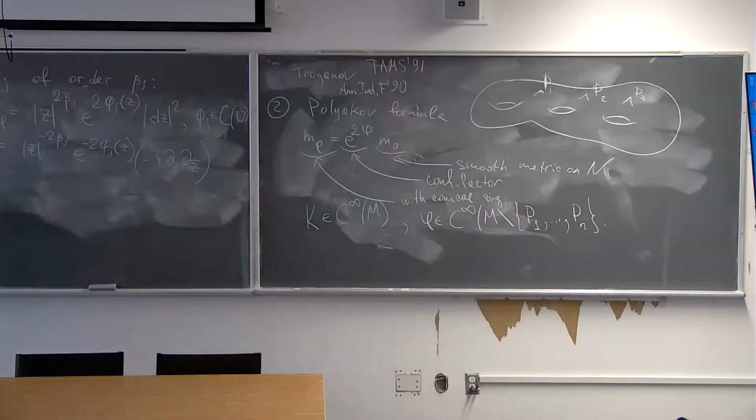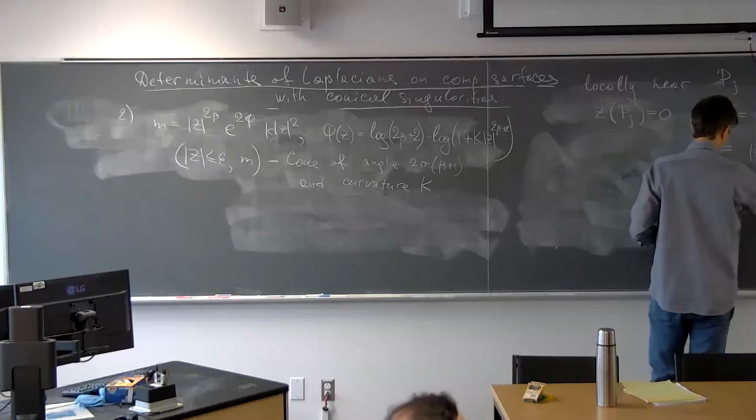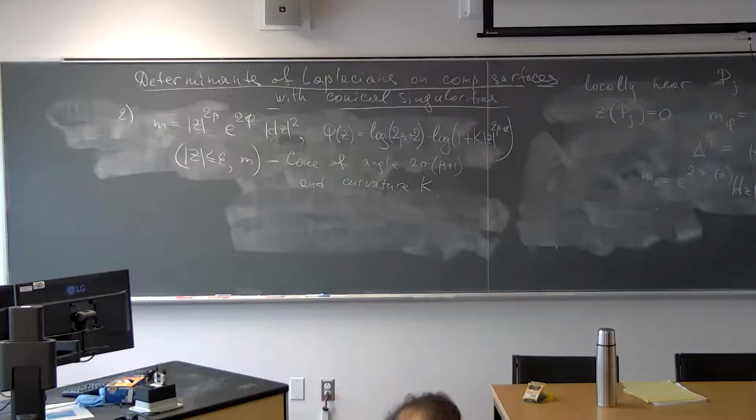We can write similar equalities for the smooth metric, except this factor won't appear there. Say phi_j of z is |z|^2. Let's denote the corresponding Laplacian, the Laplace-Beltrami operator induced by this metric. Locally we can write it like this: minus e^(-2 phi_j) minus 4 dz dz bar.